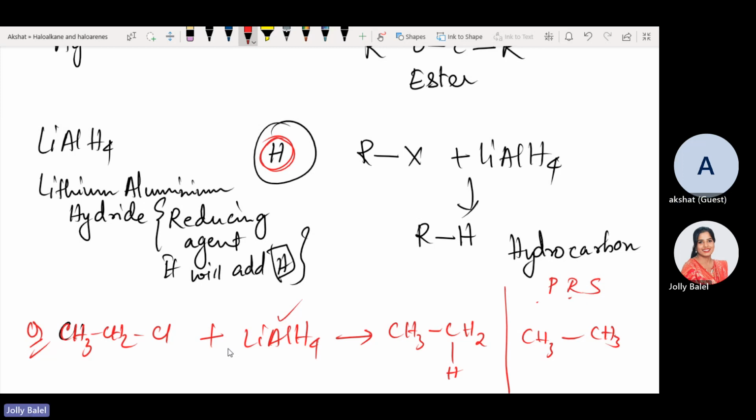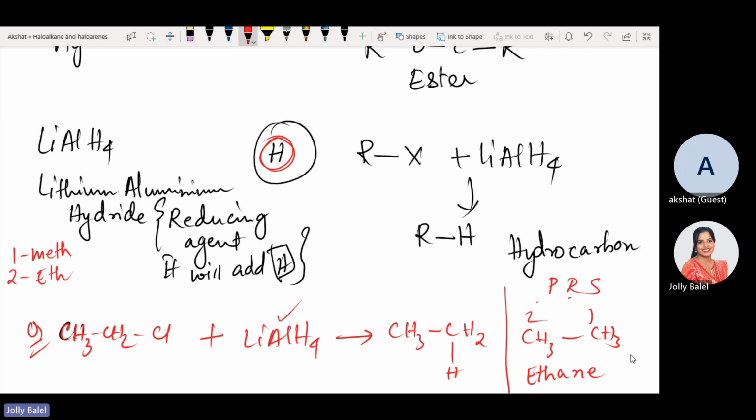For 2, what is the root word? Eth. 2 carbons, so it will be eth, and they are attached with a single bond. So it will be ethane.